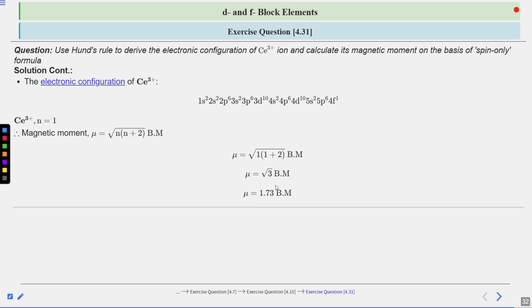So the under root 3 value will be 1.73 Bohr magneton. This is how you can calculate the magnetic moment using the spin only magnetic formula for the cerium 3 positive ion, and this is the electronic configuration for cerium 3 positive ion, which we have written by using Hund's rule, which we use for writing the electronic configuration of any atom or element.